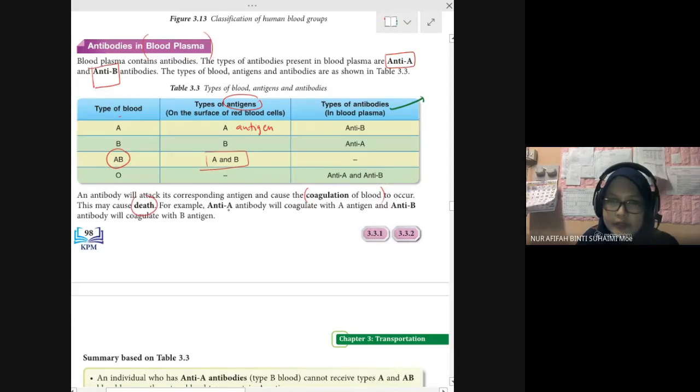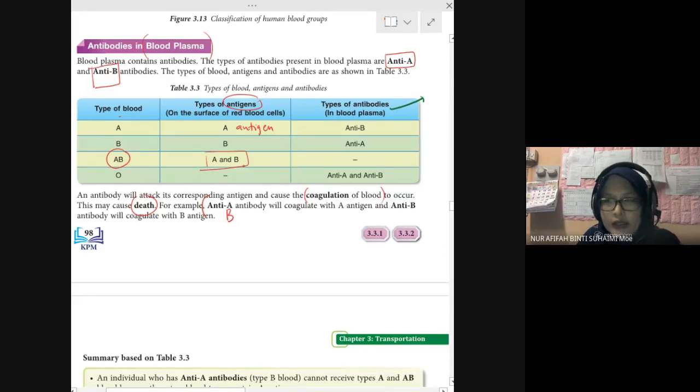For example, anti-A antibody means blood group B, coagulate with A antigen, and antibody B will coagulate with B antigen.